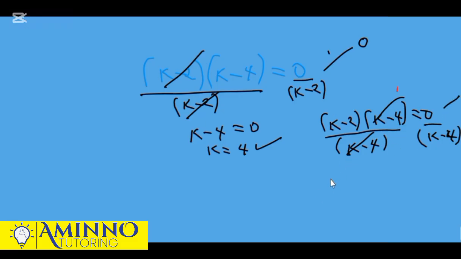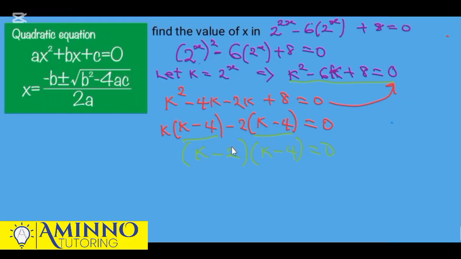So you have k minus 2 equals to 0, and your k is equals to 2. So your k1 and your k2 is 4 and 2. So coming back here, we can say that our k is equals to 2, or our k is equals to 4.